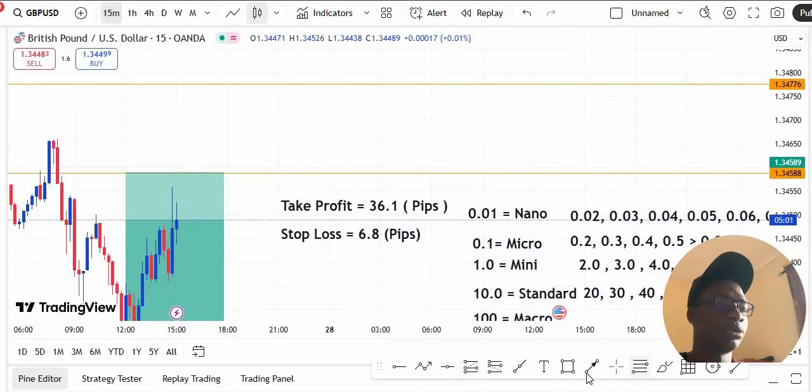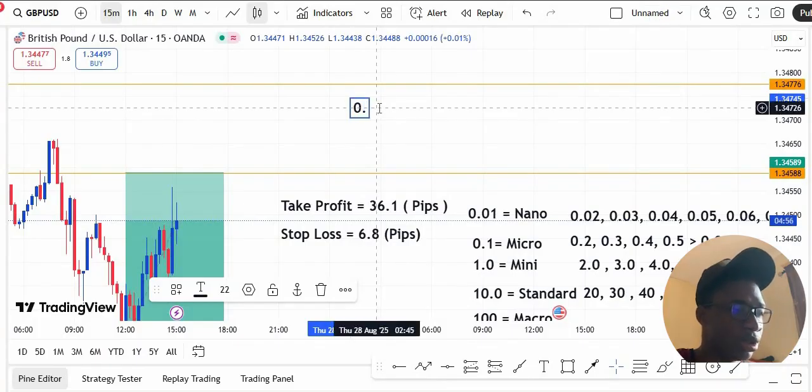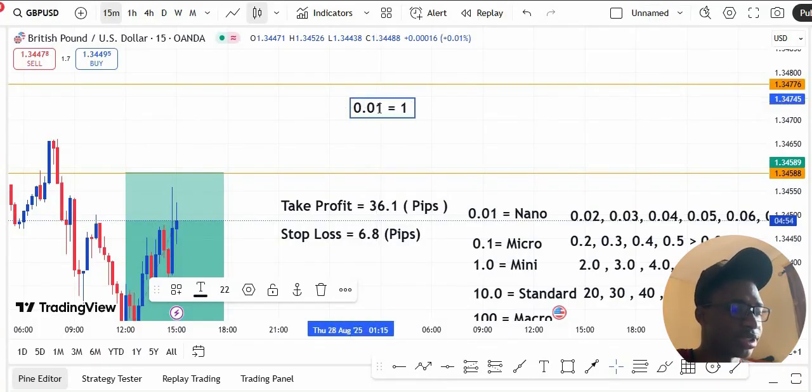So let me jot it down. For the nano, the 0.01, it's going to be giving you 1 cent. Get what I mean?